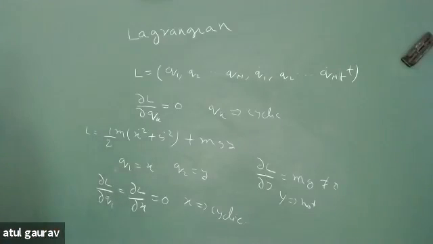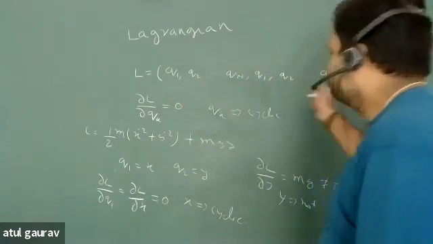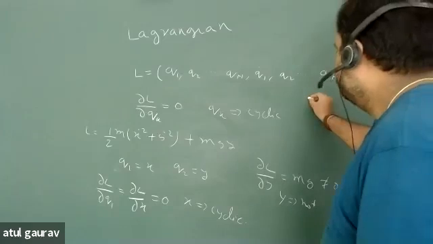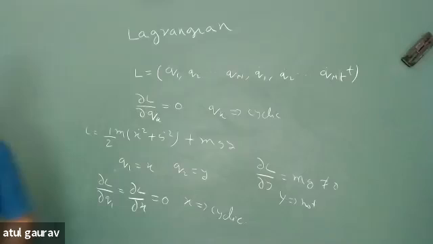Any more doubt? So can you define generalized momentum? Okay, you want to know generalized momentum. Suppose this is my generalized coordinate. Then suppose I want to know the generalized momentum about qi.